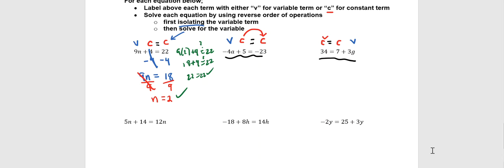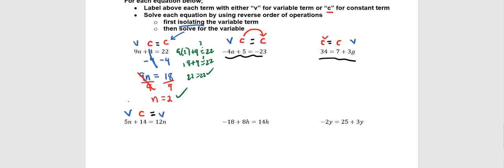Now, where we run into a little bit of confusion is when you look at the next set of equations. You notice that there's a variable term on one side. Oh, but there's a variable term on the other. So my variable term is not isolated. And I notice on the left-hand side, I have a variable and I have a constant.